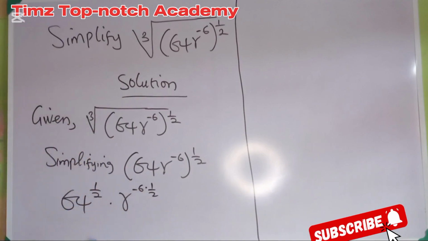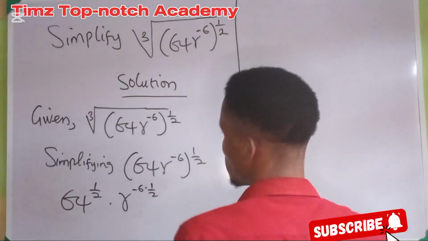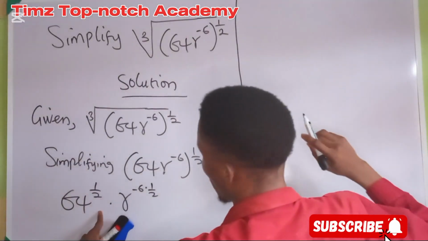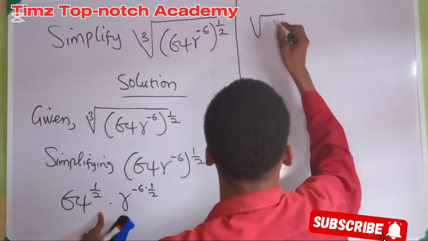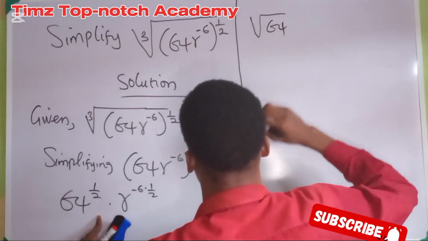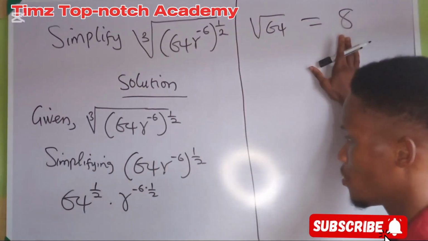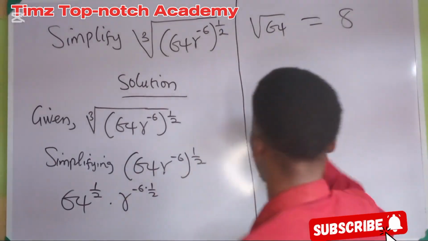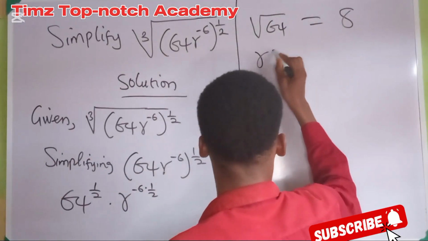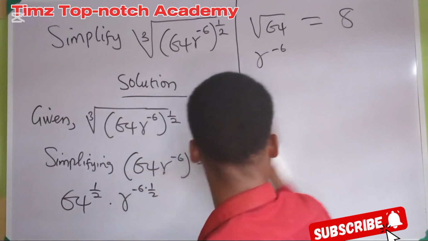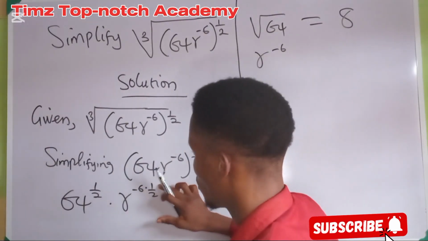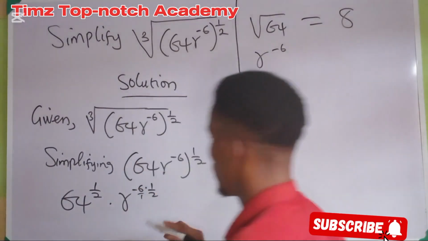So if you do this now, you will have 64 raised to half, which is the square root of 64, which is 8. That's what you're having. Coming to this now, you have r raised to minus 6 multiplied by 1 over 2.